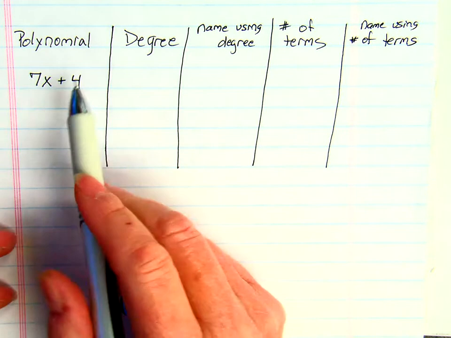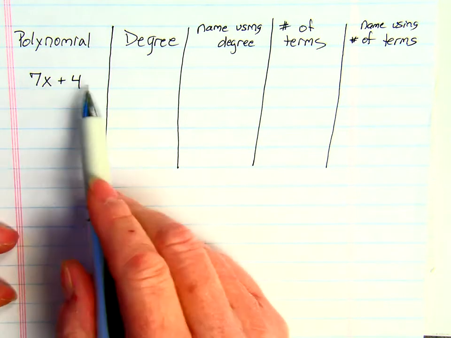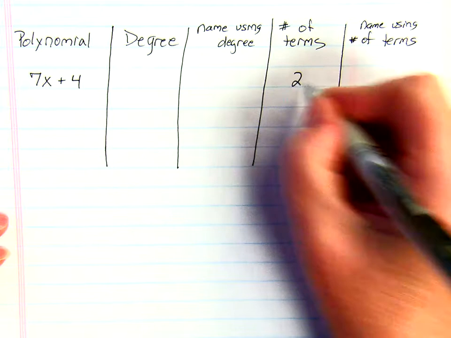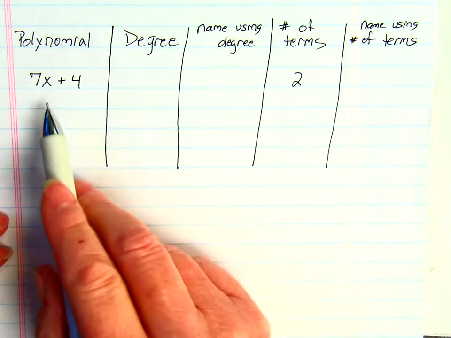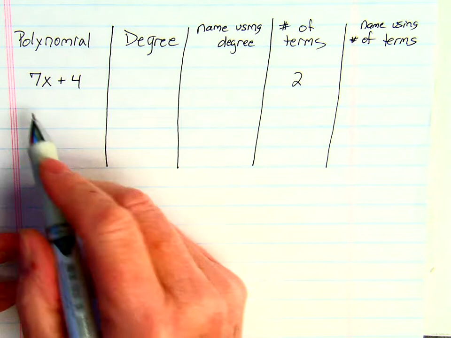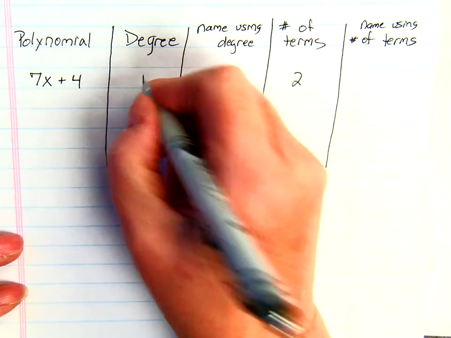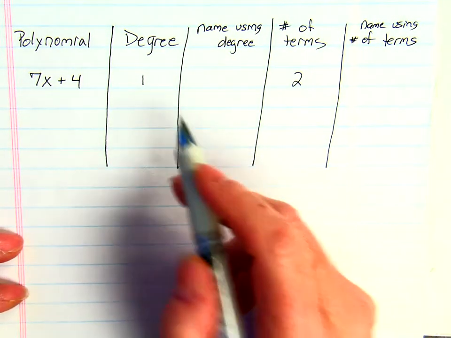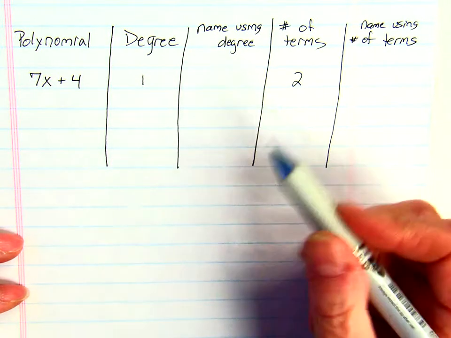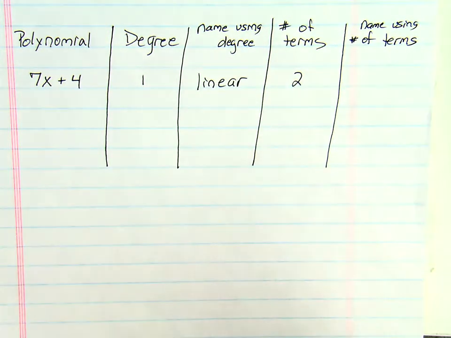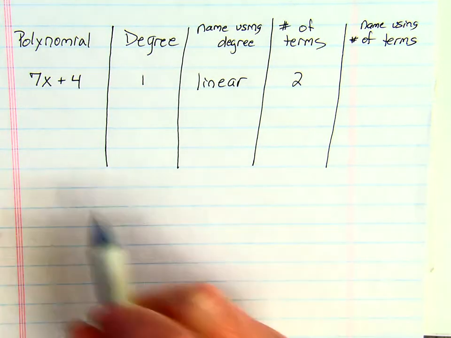So, kind of jumping the gun, but I always like to look at it in terms of the fact that there are two terms. I'm going to put that there are two terms. Now, our variable x has an exponent of 1, so this is a degree of 1. Using degree to name it, this is linear, and I'm hoping you're looking at this thinking, yeah, that looks an awful lot like mx plus b.